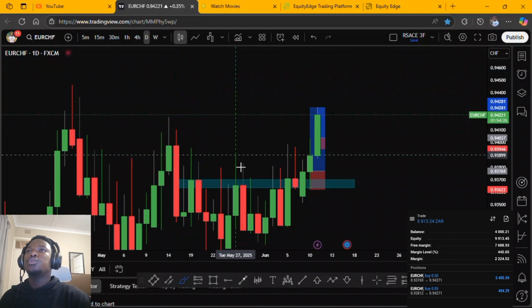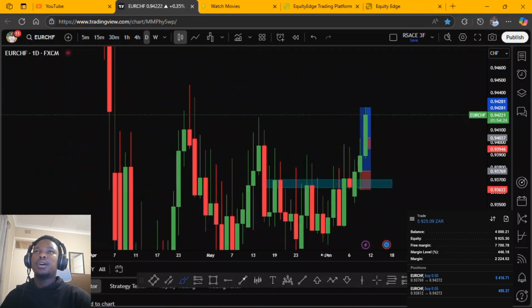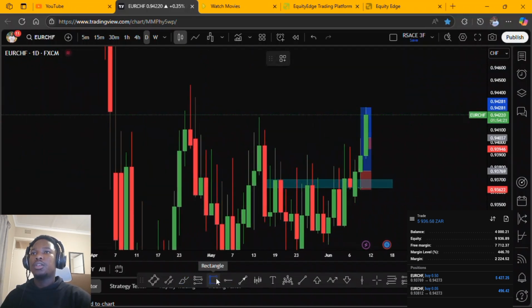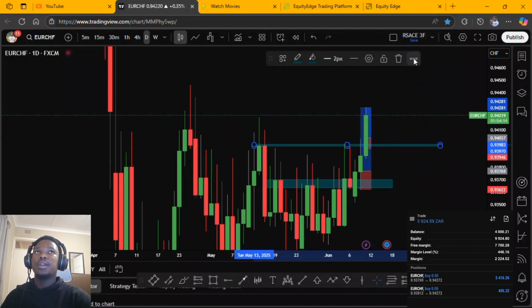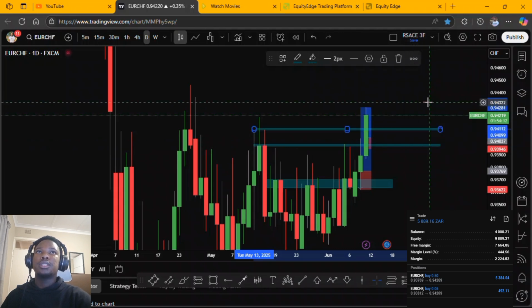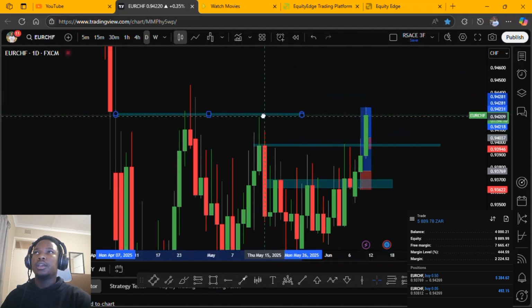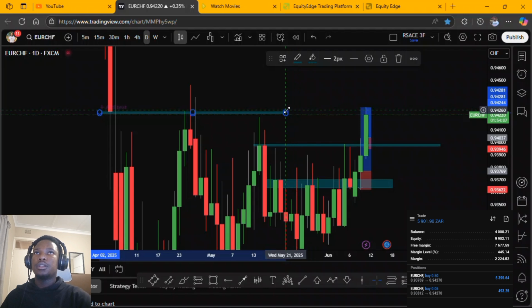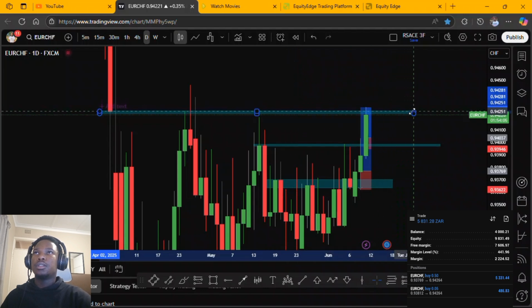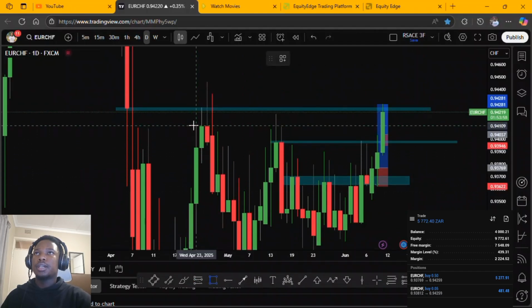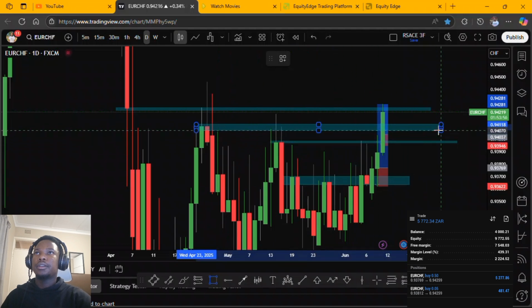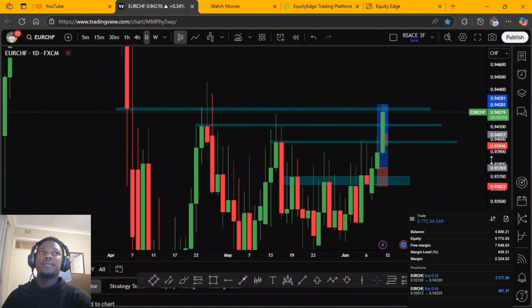Okay, so obviously you have to mark your highs, your previous highs, because those might be your potential take profits or your new entry points, your scaling entry points. And then we also have this area right here, this high right here, right?